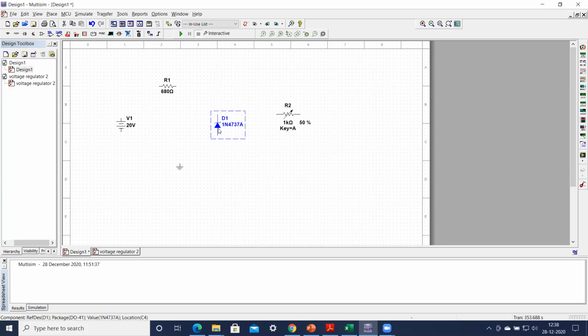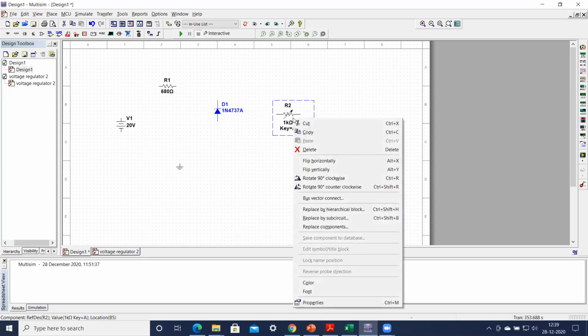So now we have to measure the current through this particular Zener diode. We want to measure the current through the Zener diode, and we want to connect this variable resistor, which will act like a variable load. First try to rotate this one so that it can be connected properly.